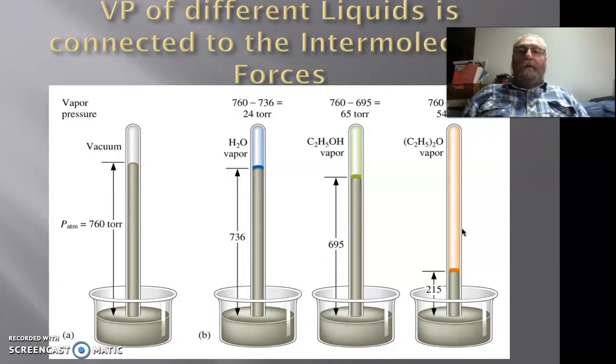You can see that the ether has a much higher vapor pressure, so therefore will drive the column down. So what happens is that we take mercury, 760 torr, is the height to which mercury will rise in a vacuum.